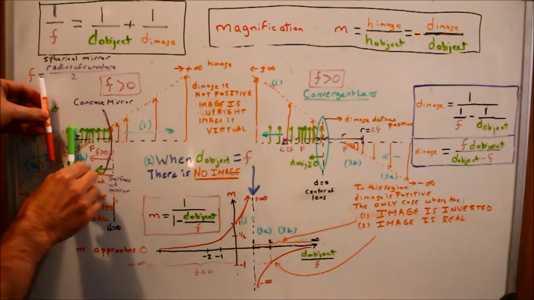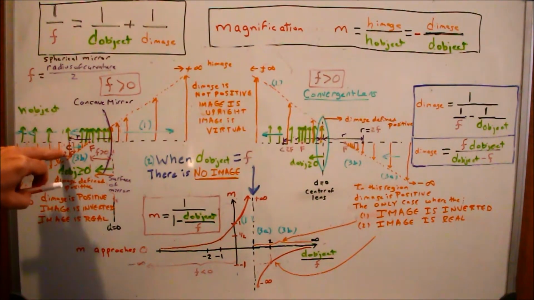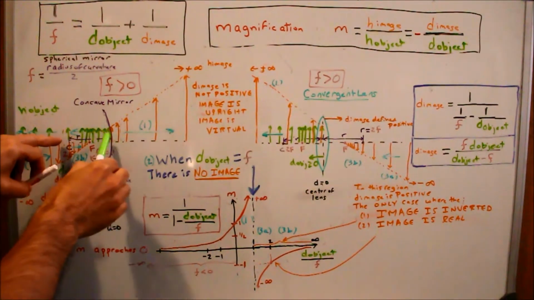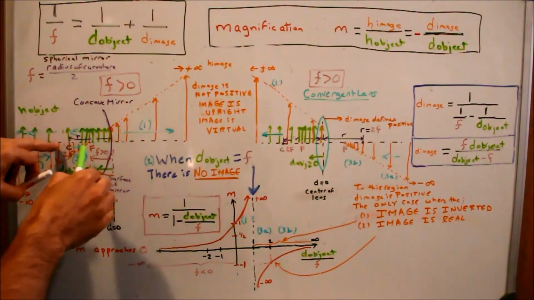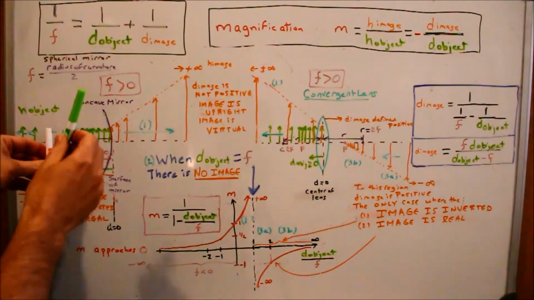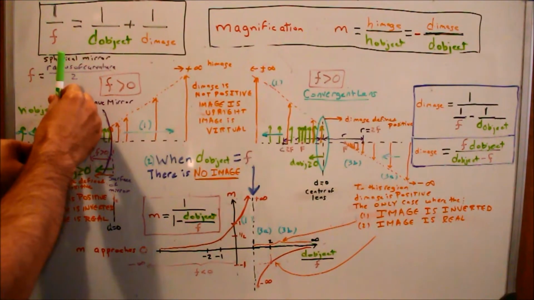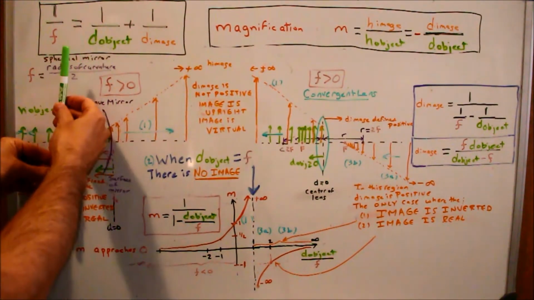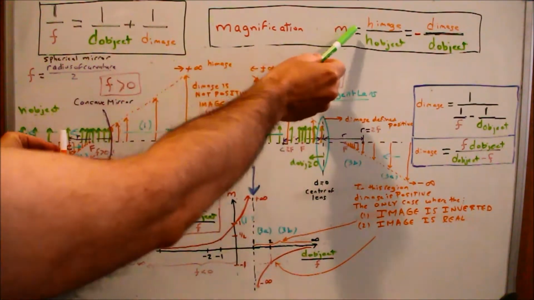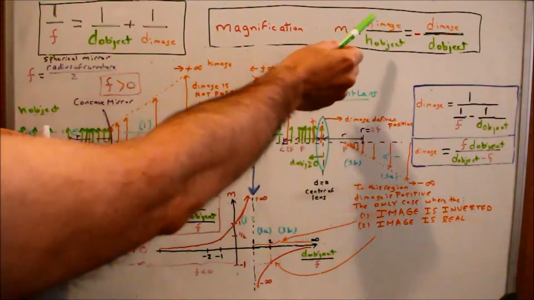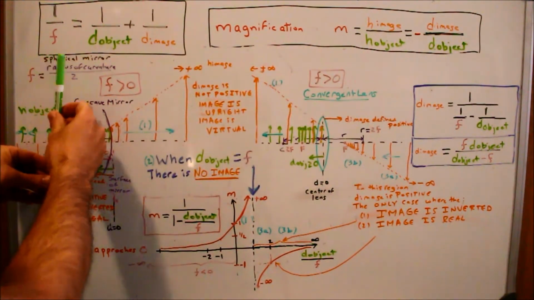And then I get to a case where I'm at the center of curvature of this concave mirror, which is this radius, which is twice the focal length. Now I have my object and my image. The image is inverted, it's real, and the magnification is -1. They're the same absolute value as far as height, but the image is inverted relative to the object.